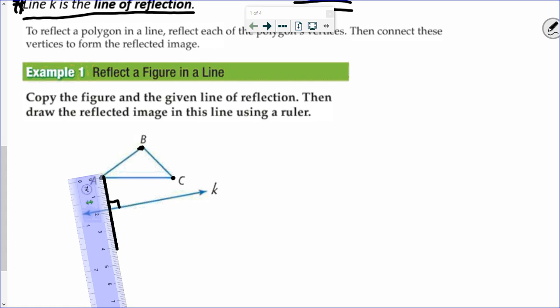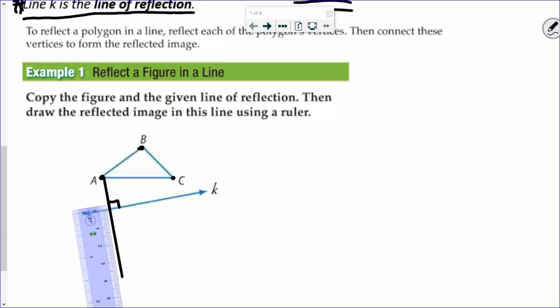We're just going to draw across because we're reflecting across K. And what measurement do we get? How far is A from K? Well, if this is centimeters, it's about 1.7 centimeters from K. So when we bring our ruler, we actually want to pick up the ruler and bring it down here.